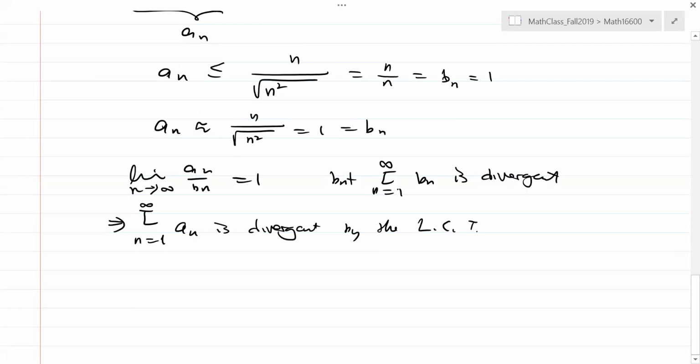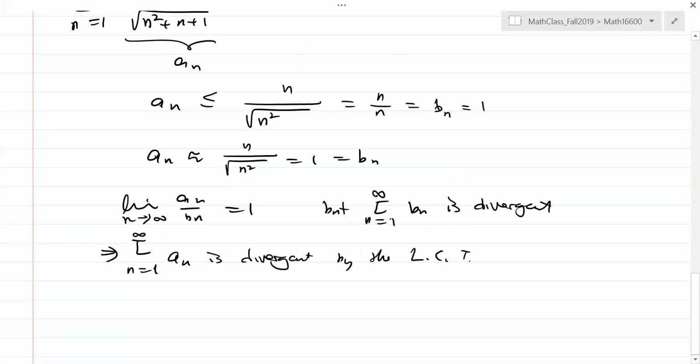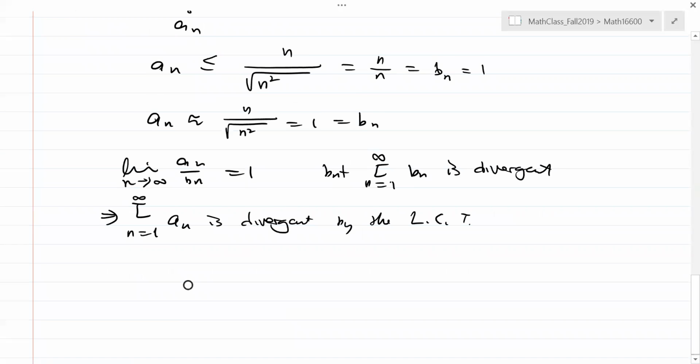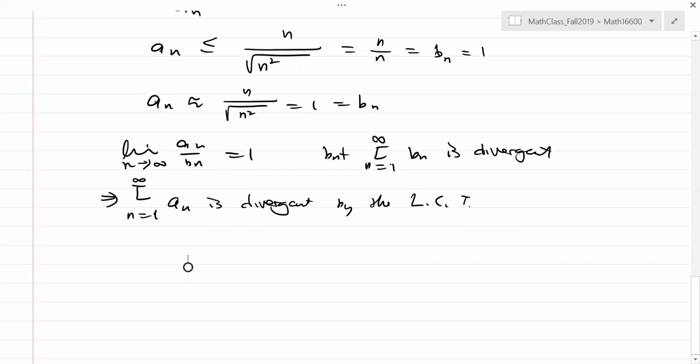You have to take the limit, because if you want to prove sigma a_n divergent using a comparison test, you have to say a_n is greater than or equal to b_n. But that's not true, okay? Unless I change the problem a little bit, then the comparison test works, okay?